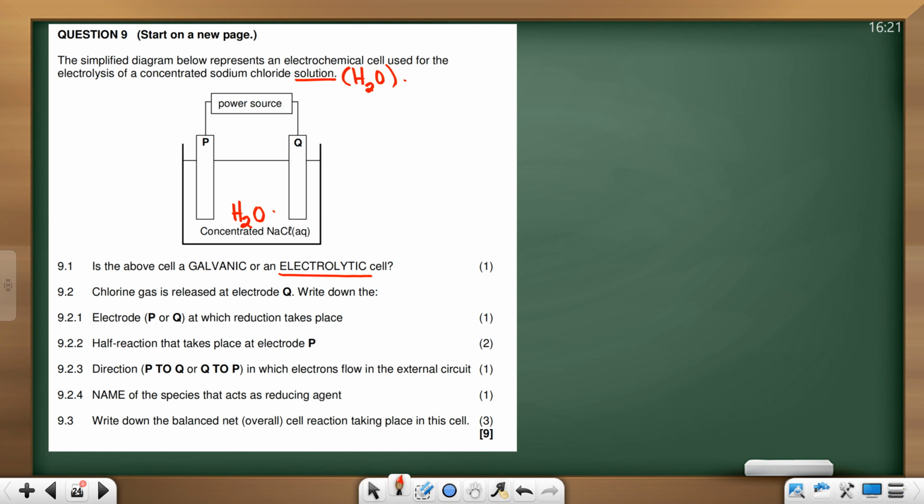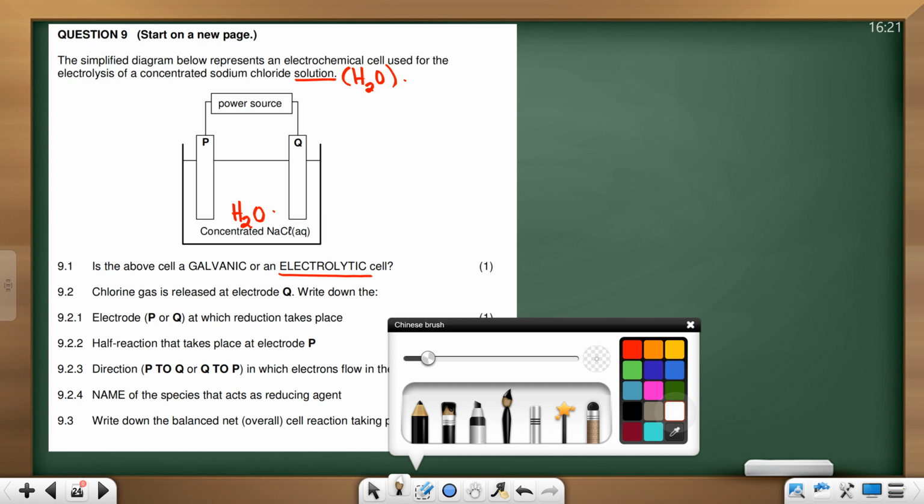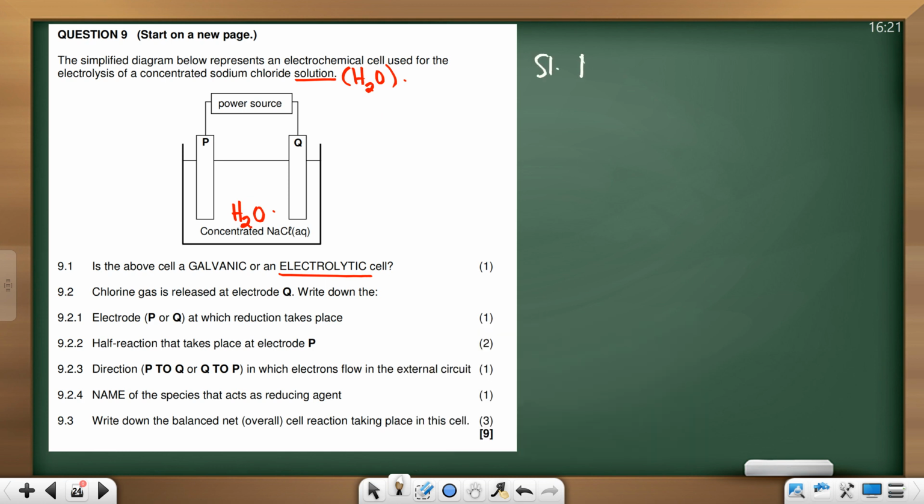All right. Electrolytic. Now, let me quickly explain the process here to you. Please, everybody listen. It takes me 5 minutes or less. So, do you remember the 3 steps? Step 1, sodium chloride would break down into Na plus and Cl minus.